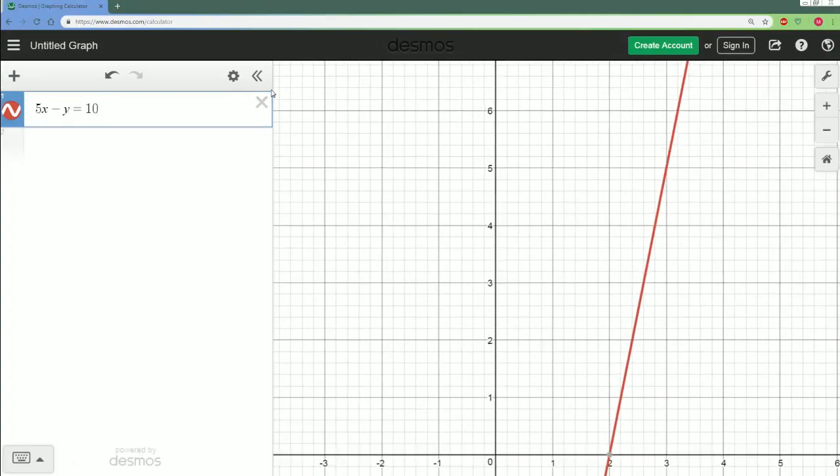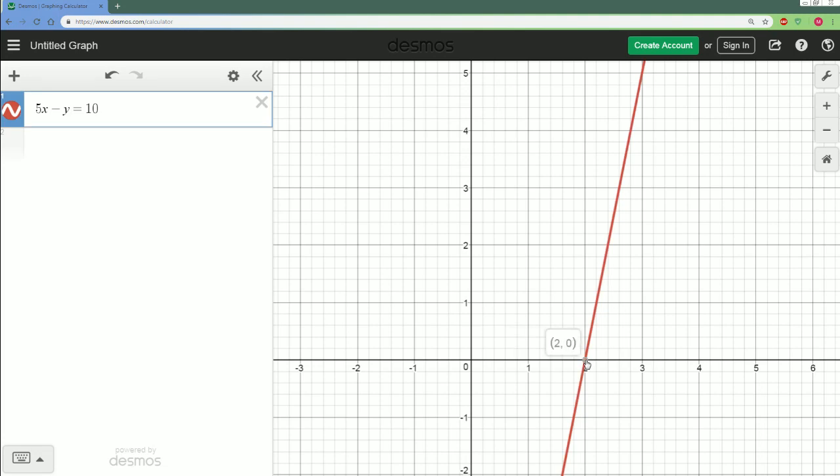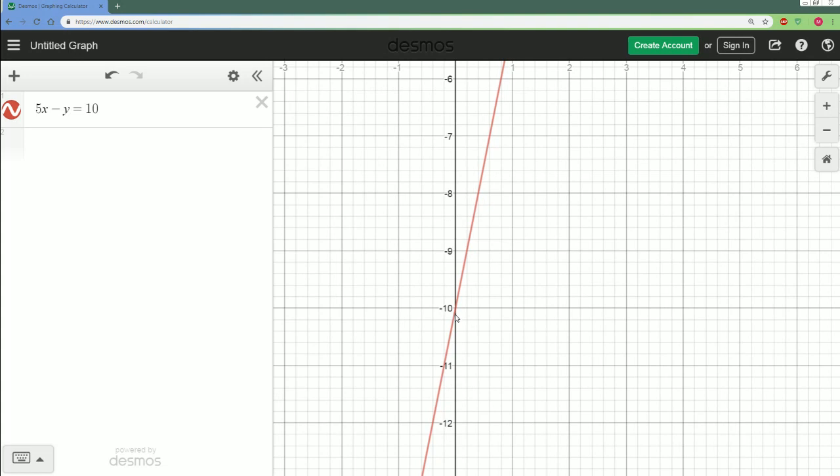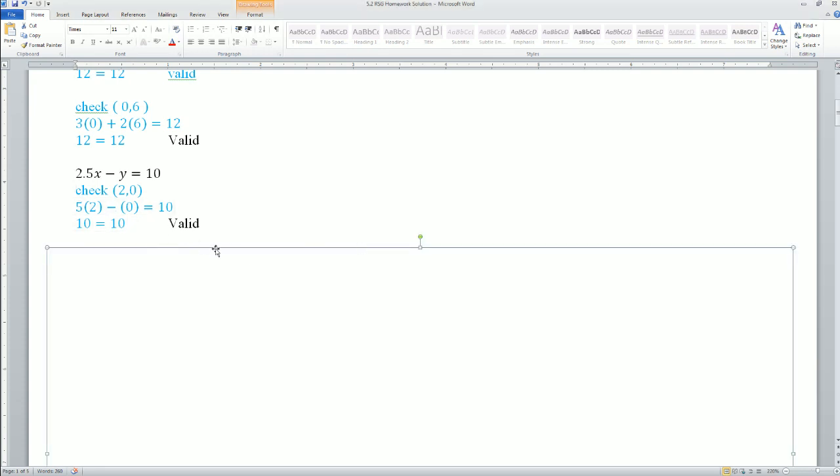We saw that one of the solutions was 2 comma 0, and the other one would be 0 comma negative 10. So both A and C are solutions for this one, right? Here I only showed the A part, but remember C, 0 comma negative 10, is also a solution.